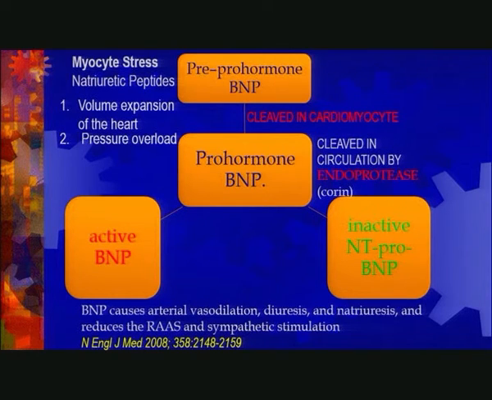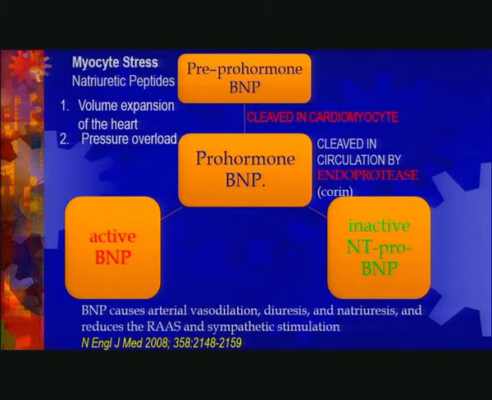What we have is atrial natriuretic peptide, which is present in atrial myocytes, stored there, and used when there is stretch or increased volume in the atrium. But in the ventricle, BNP is not present. So what triggers BNP? BNP is triggered by volume expansion in the ventricles and pressure overload, which is the situation we have in heart failure.